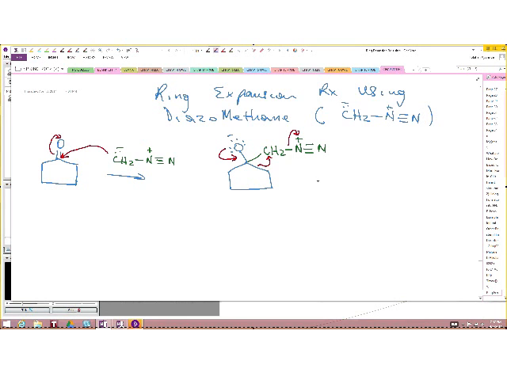You see how innovative organic chemists are? Don't you guys want to become organic chemists? You don't want to become organic chemists, okay? No, guess what? If you get your PhD in organic chemistry, right away you get at least $100,000.